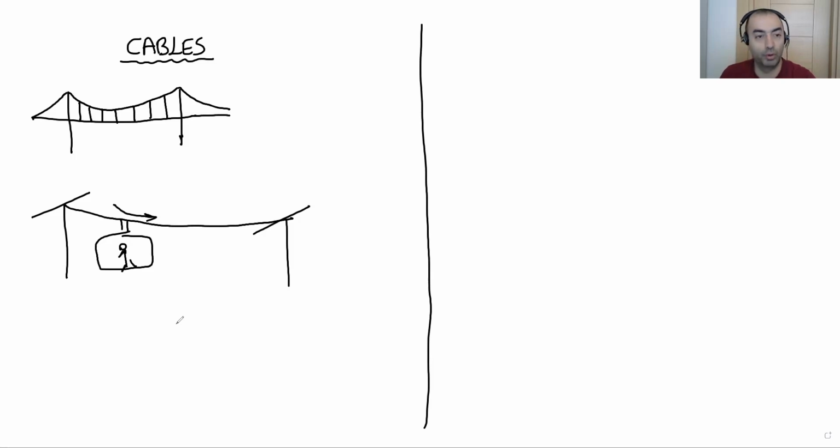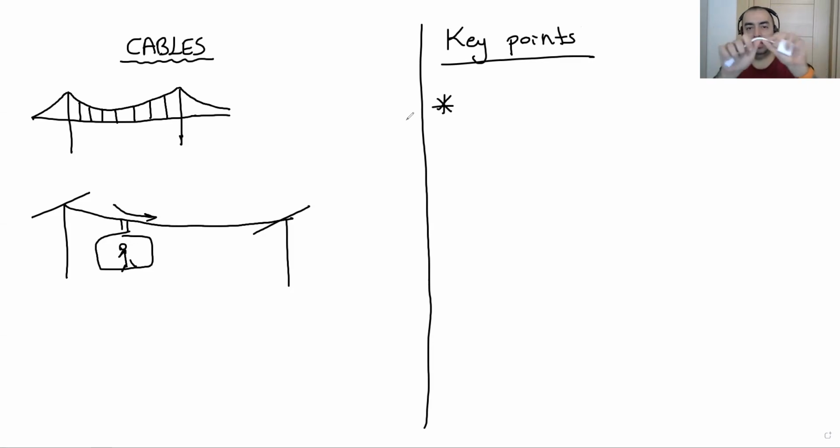So there are some rules for the cables. Key points. The first one is, the cables are bendable. For example, this is a cable for my computer device. It is bendable. We can give any shape to this cable.